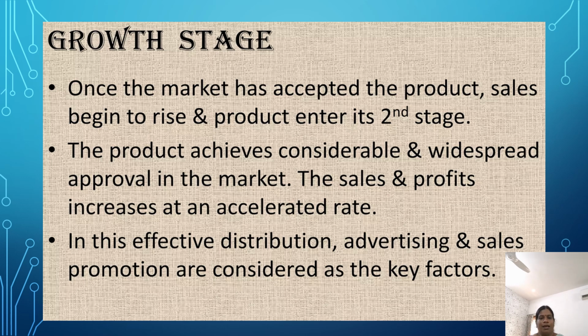Consumers like the product and purchase more, and that situation creates more sales and profit in the second stage. Here, effective distribution, advertising and sales promotion are considered the key factors. Advertisement and sales promotion are both very important as the product moves from introduction to the growth stage.